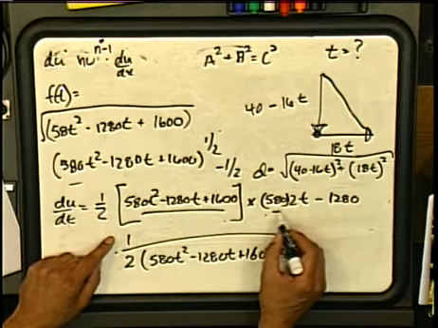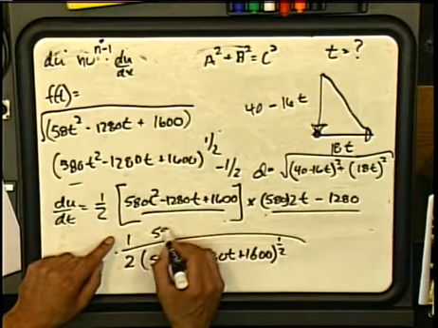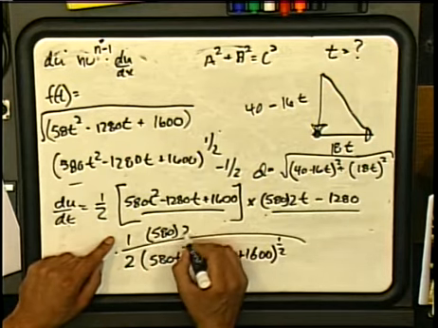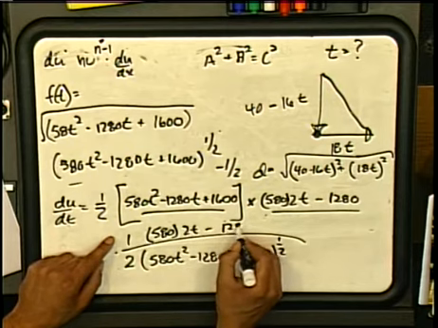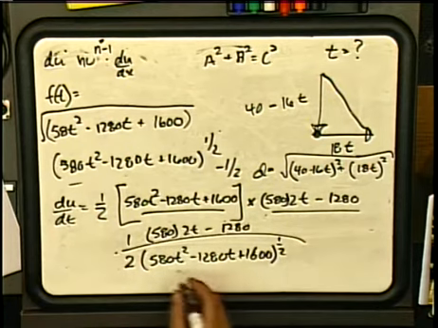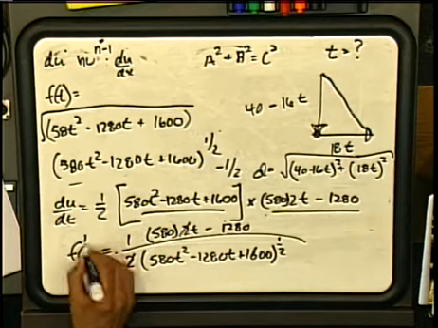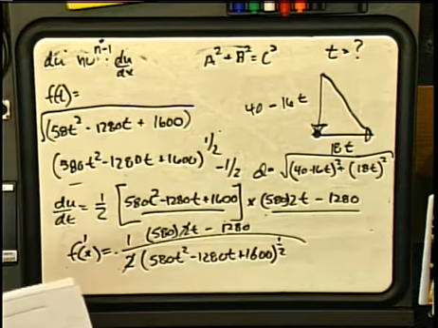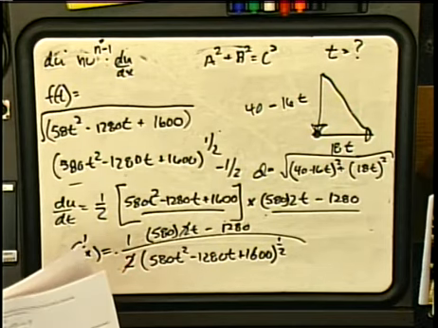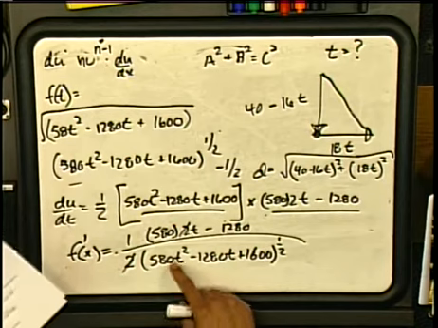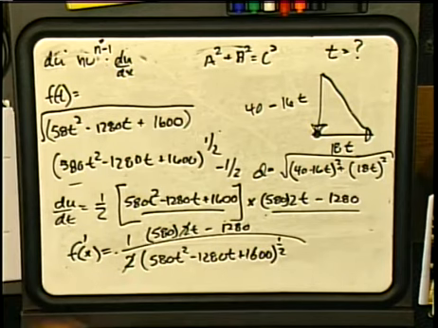And then you're left with this 580 times 2t minus 1280. I think something's wrong with that 1280 though. Those twos cancel out. Oh, the two cancels this out too. 1280 divided by 2 is 640.